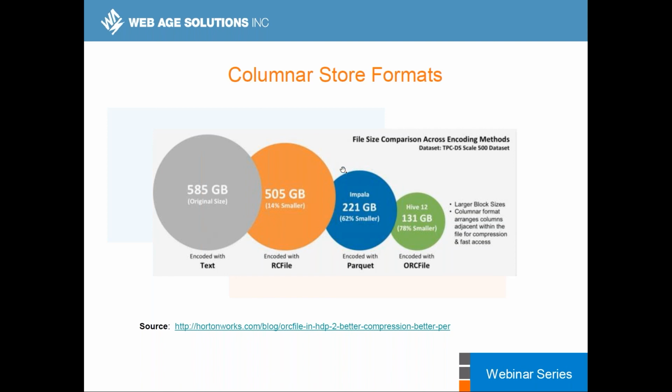If you use Parquet, which is the most popular format popularized by Cloudera, and now that Cloudera has joined forces with Hortonworks, ORC, I guess I don't see it as more present. I guess Parquet has won by a combination of the compression ratio, and so essentially you can see that the Parquet format gives you 62% compression compared to the original data.